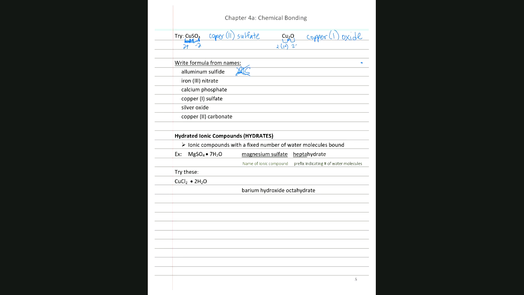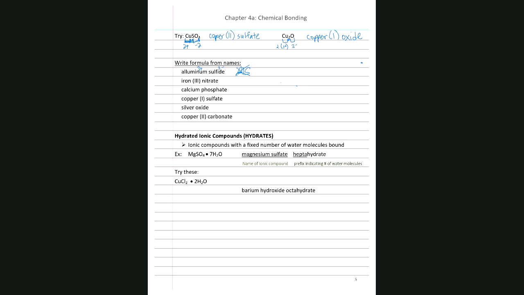Because when writing out formulas from names for ionic compounds, we always need to indicate what the charges are on those ions. So aluminum is group 3A. Its ion has a 3+ charge. Sulfur is in group 6A. It has a 2- charge.